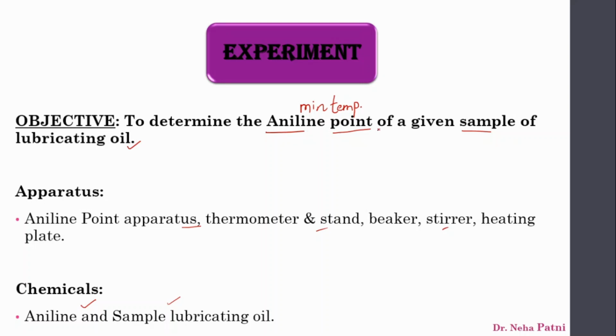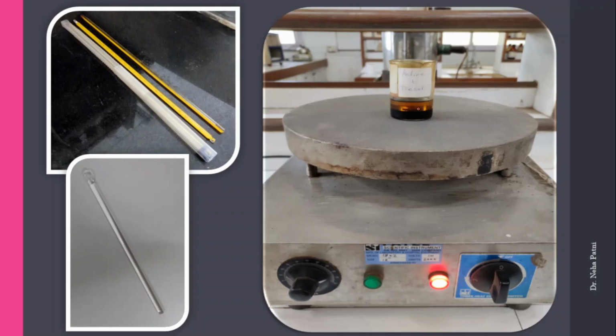The temperature at which equal volumes of oil and aniline become miscible, almost like soluble, that temperature is the aniline point. So what you have to do today is mix aniline and diesel, and note the temperature at which they become miscible.